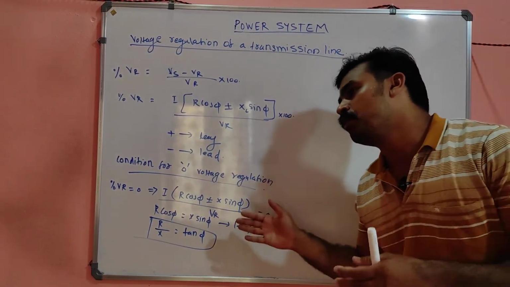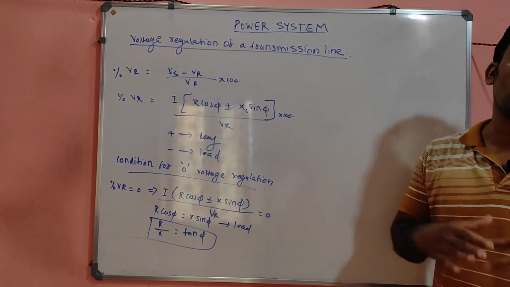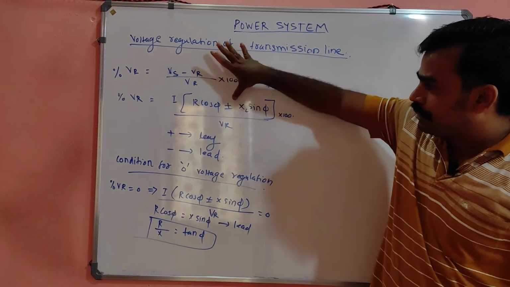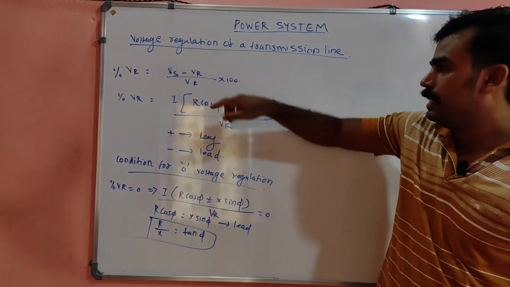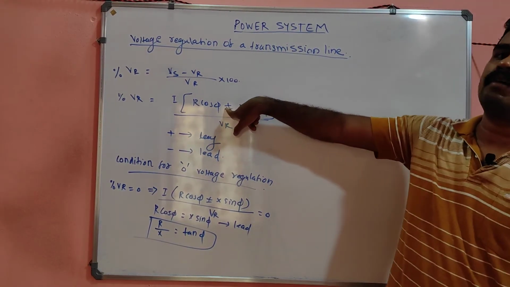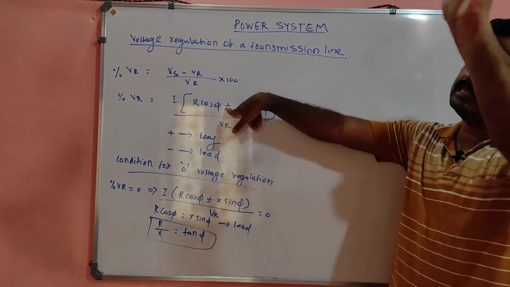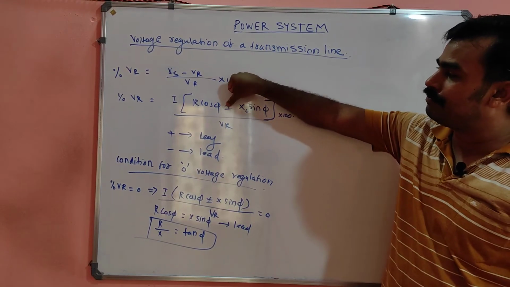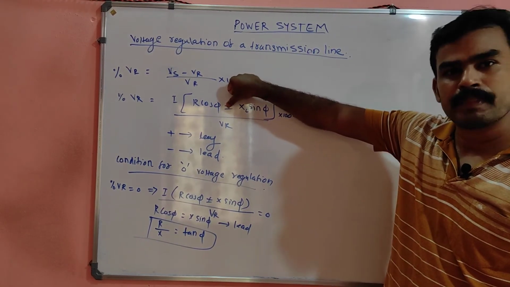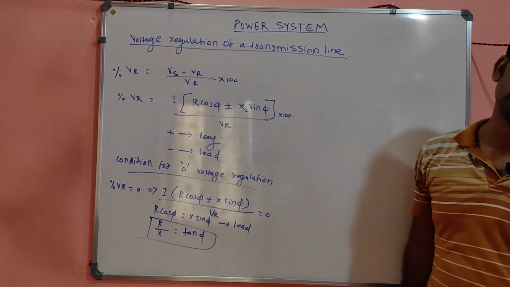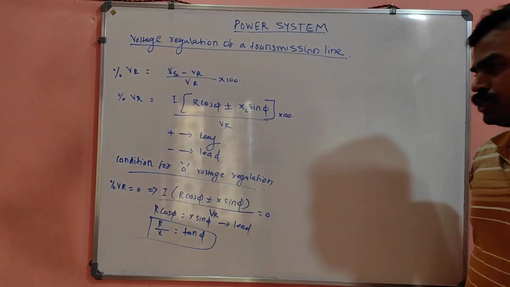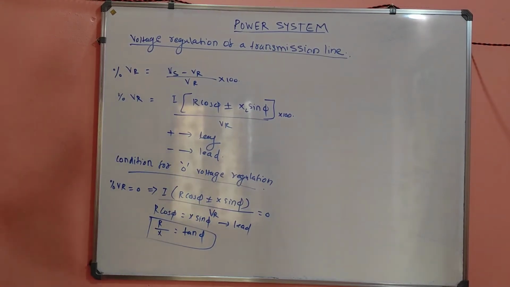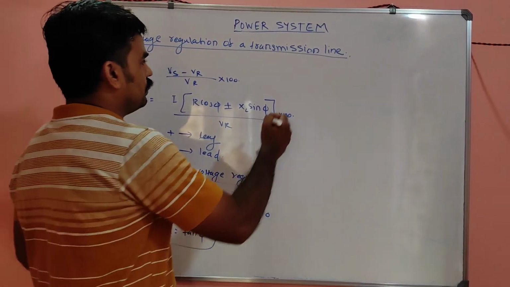Because zero voltage regulation only happens if the expression becomes minus. If the expression becomes plus, it never going to be 0. It is always a plus value. There is a chance of 0 only if the expression is minus. That's why I took lead. So tan phi equal to R by X is the condition for zero voltage regulation. Next one.